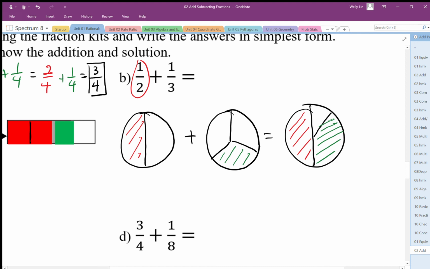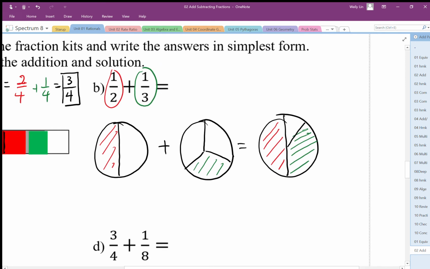This is definitely the solution. It's hard to tell, but it looks like I have about 5/6. How can I show the answer of 5/6? I can split this up into 1/6 pieces, because of the common multiple. We're going to do groupings, and groupings are times, and times are multiples.